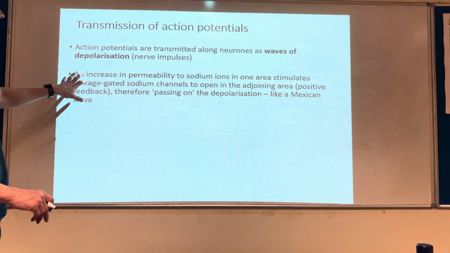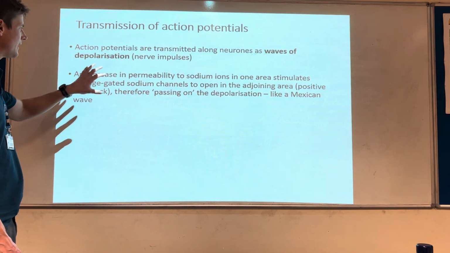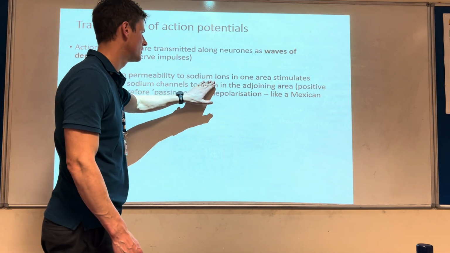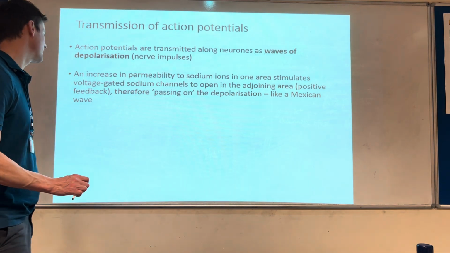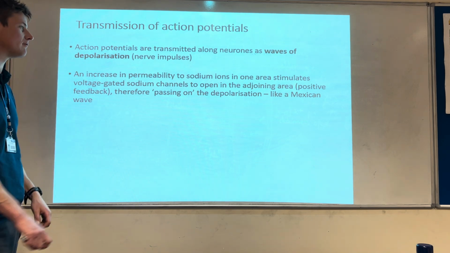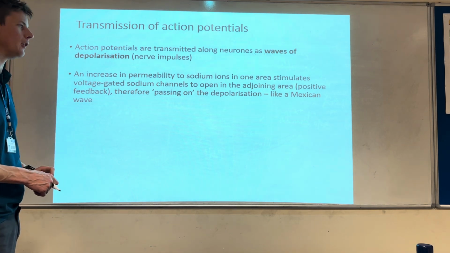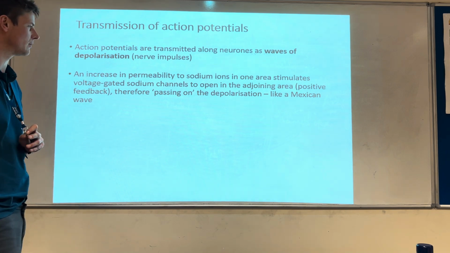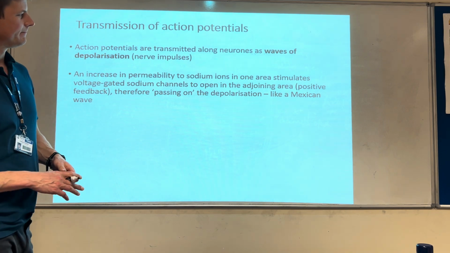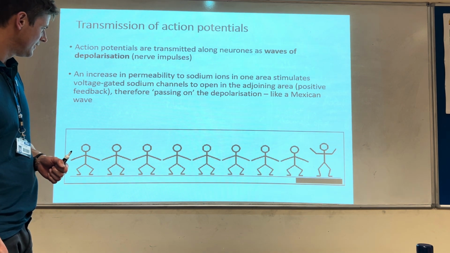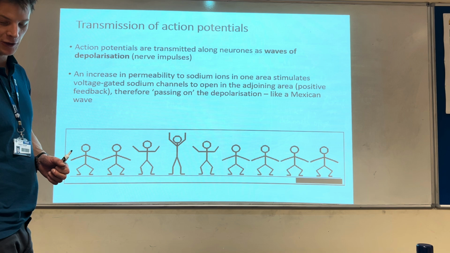An increase in the permeability in one area to sodium ions then stimulates the voltage-gated sodium ion channels in the adjoining region to open, and so on and so on and so on. So it passes on the depolarization, much like the wave. Feel free to practice this at home.